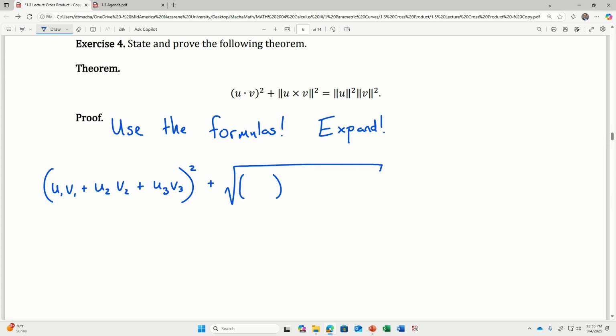And these entries look like uv minus uv, uv minus uv, and uv minus uv. Remember 2, 3, 1, 2, 3, 3, 2, 3, 1, 1, 3, 1, 2, 2, 1.